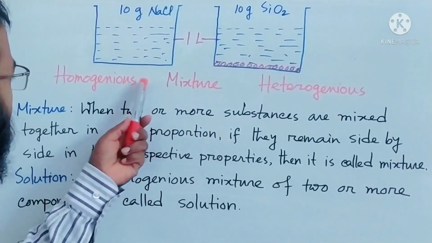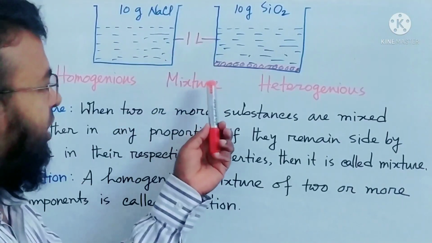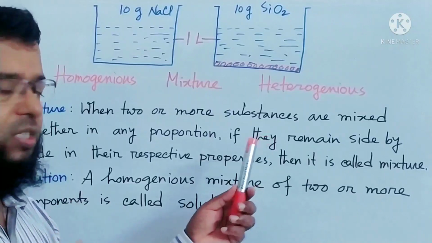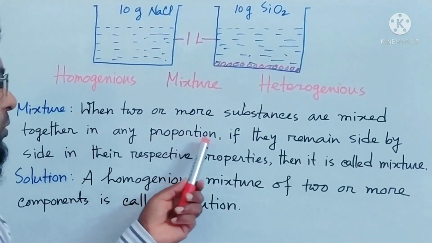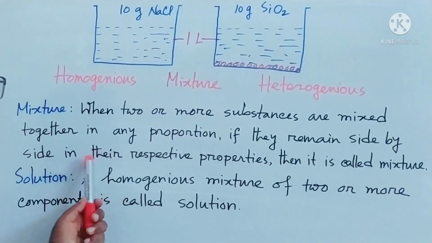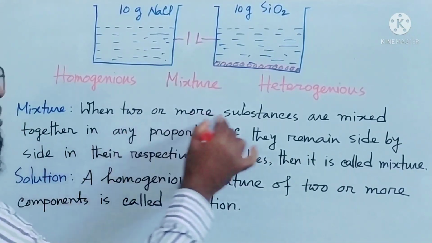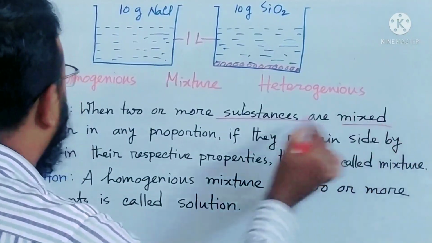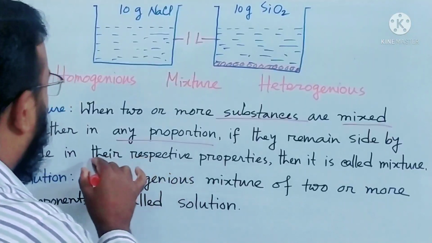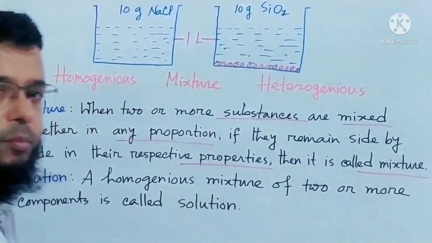So the first one, because it is the homogeneous mixture, I have written first of all what is mixture. See that I have written: when two or more substances are mixed together in any proportion, if they remain side by side in their respective properties, then it is called a mixture.